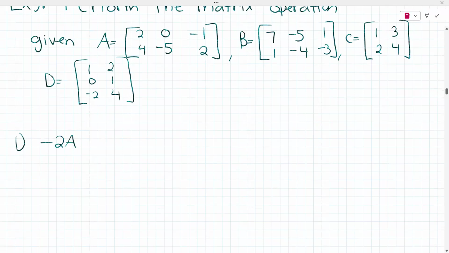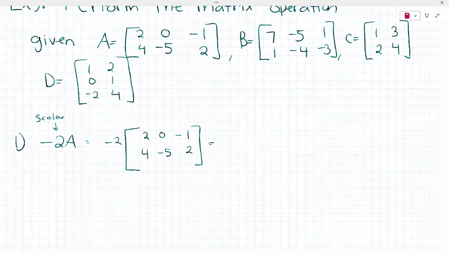It's negative 2 times the matrix A. So negative 2 is a scalar. So you can rewrite this as negative 2 times A. This A is 2, 0, negative 1, 4, negative 5, and 2.